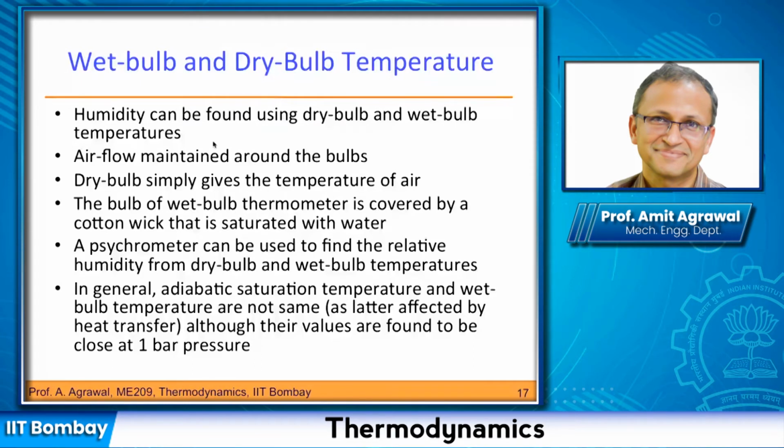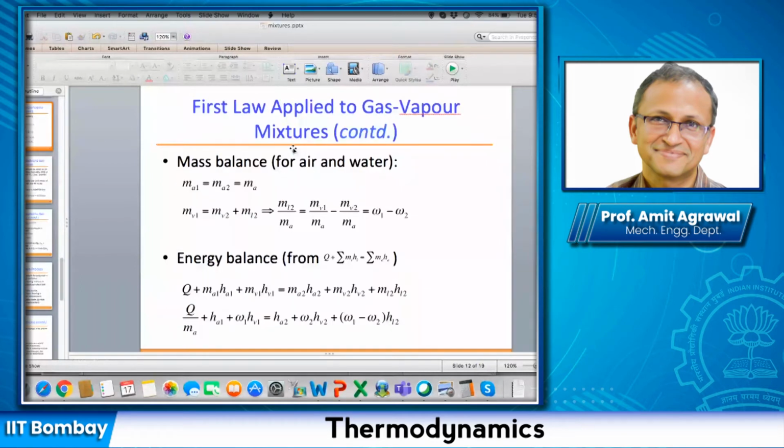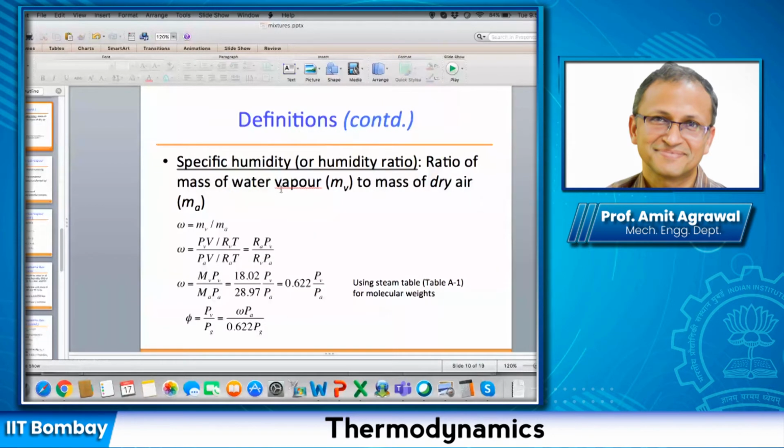One way to look at it is that the specific humidity is the mass of water to the mass of air. You have to always say that. Although it appears to be a dimensionless quantity, it is not really dimensionless. Although it is mass by mass, in the denominator it is the mass of dry air.